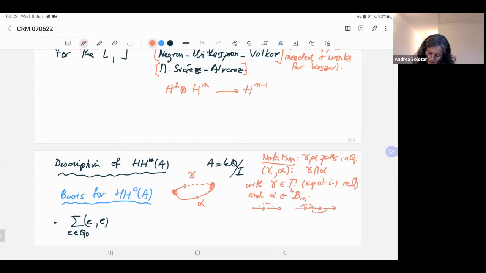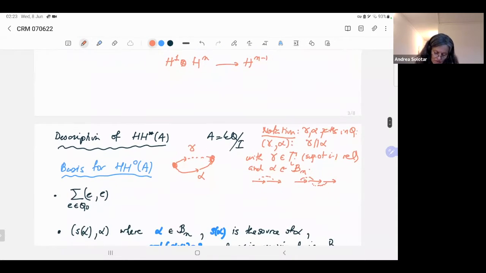So in Gamma_i, you have superpositions of i minus 1 relations. But of course, gamma is going to be 0 in the algebra, but it's used for the resolution. And then the parallel path alpha is not 0 in the algebra, so it's part of the basis, and when I write B_n, it is something that is in the basis and has length equal to n. Okay, so this is for the notation.